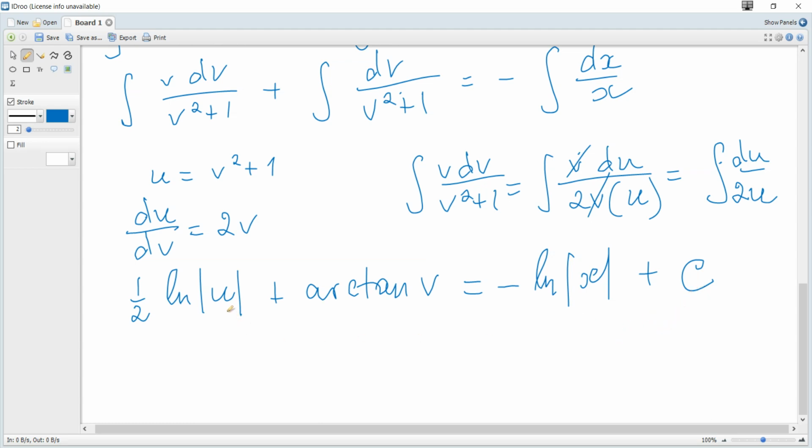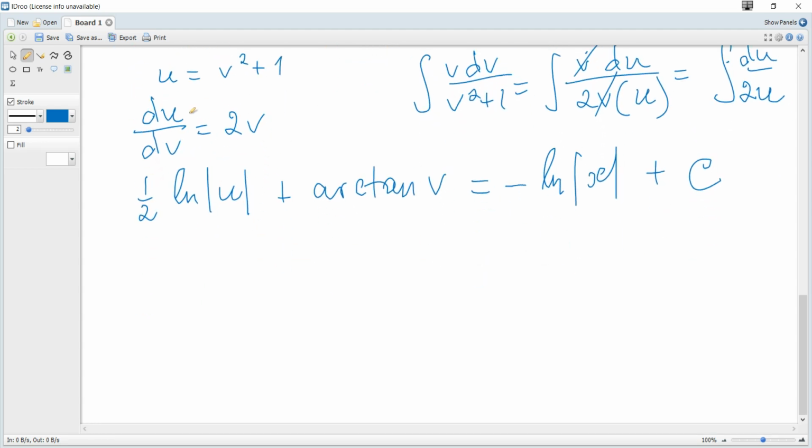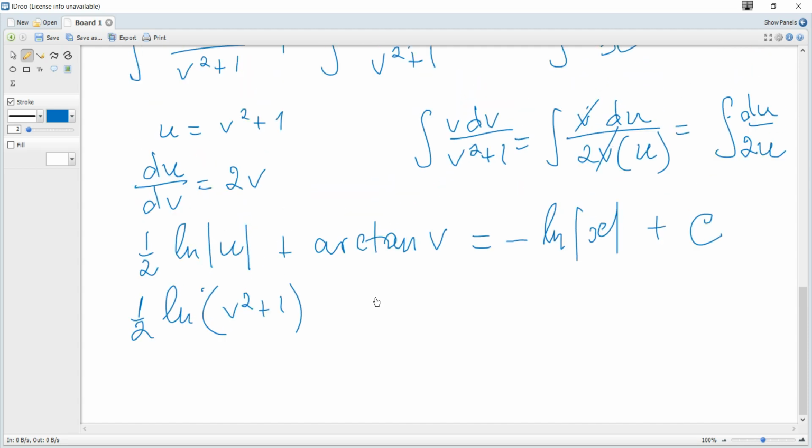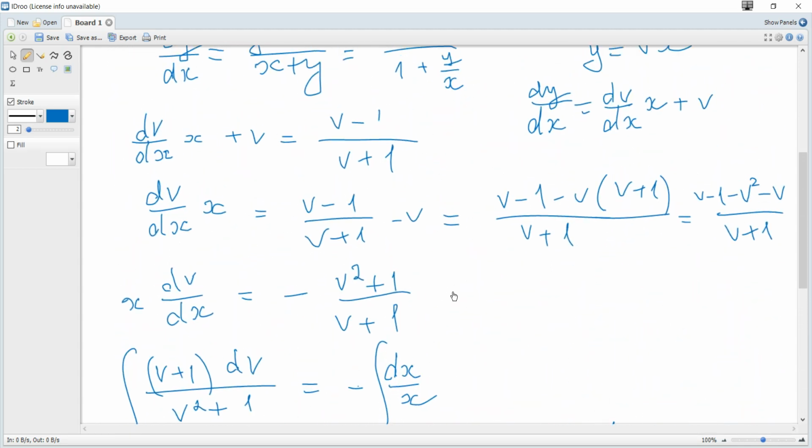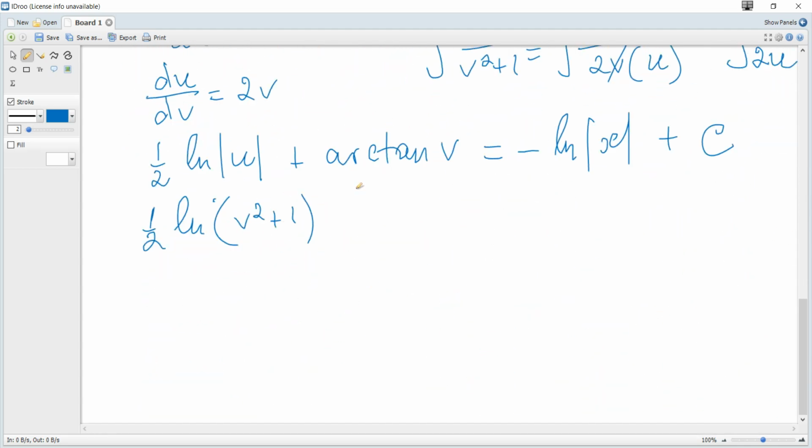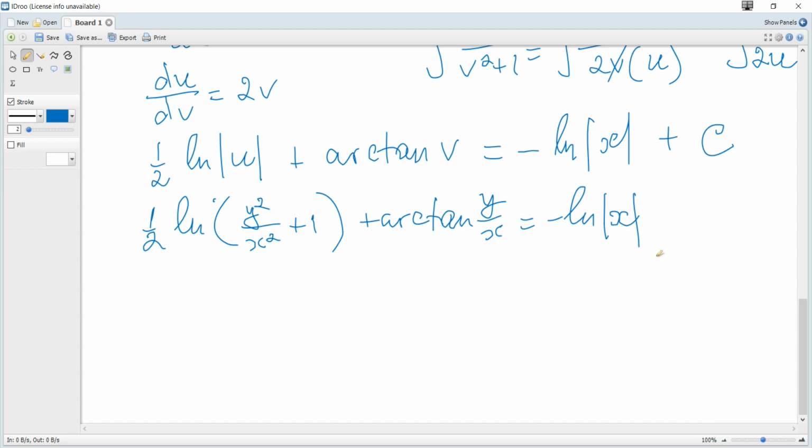And what is u? u is v squared plus 1, and definitely it's positive, it doesn't matter what v is, it's always positive, so the absolute value is not necessary, so it's a half ln of v squared plus 1, and what is v? v is y over x, so it becomes half ln of y squared over x squared plus 1 plus arctangent of y over x is minus ln of the absolute value of x plus constant.